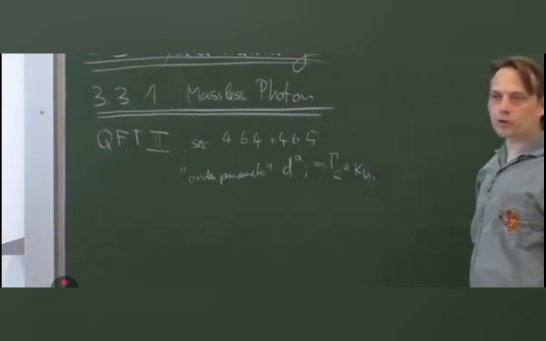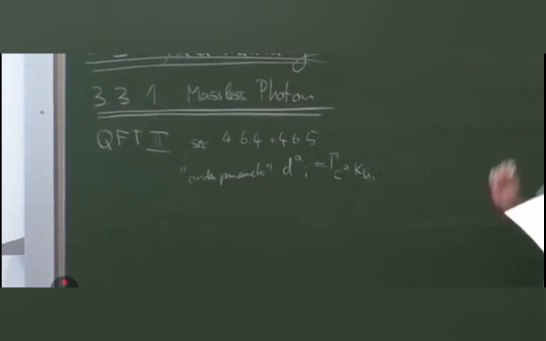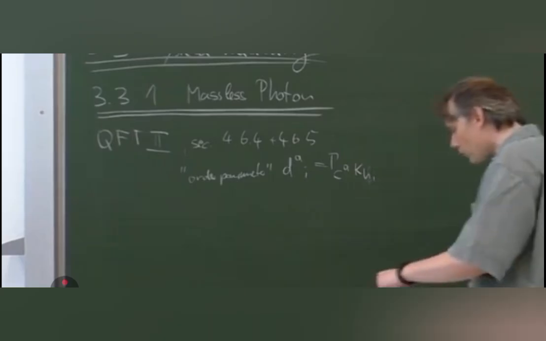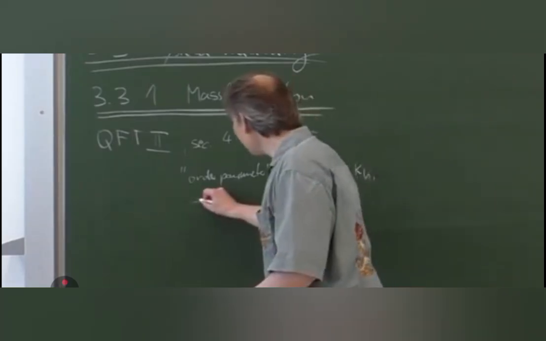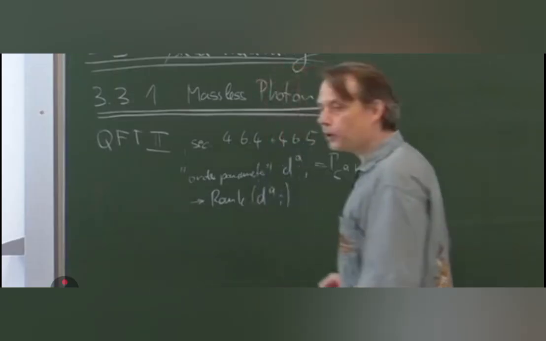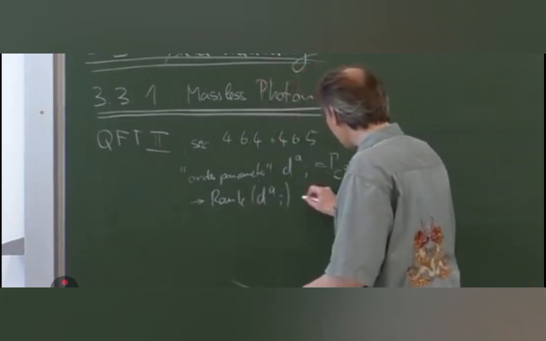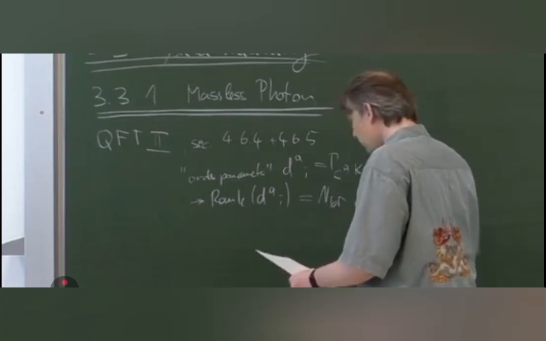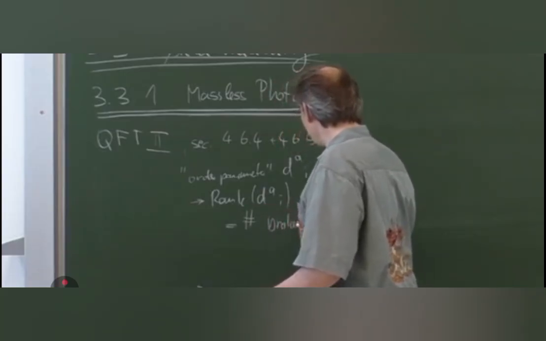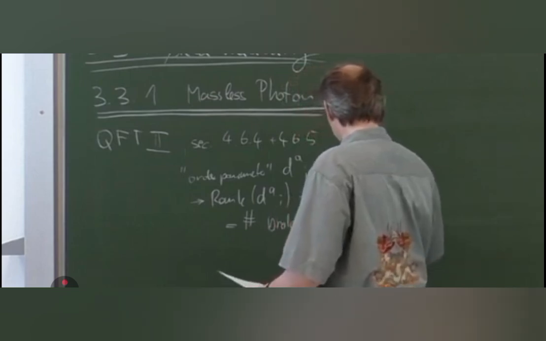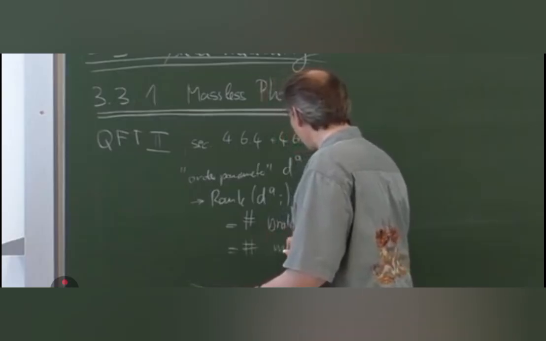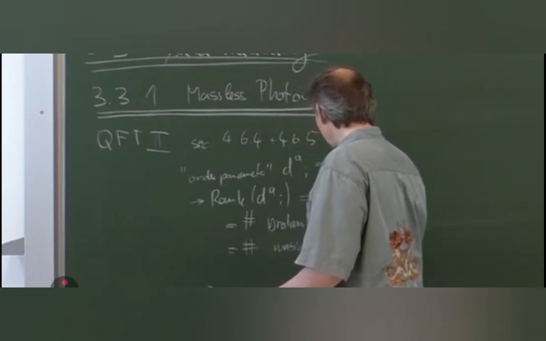I call it would-be order parameter because of this qualification that actually spontaneous symmetry breaking in a gauge theory is kind of a difficult concept. But anyway, the rank of this matrix is what tells us how many spontaneously broken directions there are. So that is the number n_broken of broken symmetries. And that is at the same time the number of massless would-be Goldstone bosons.